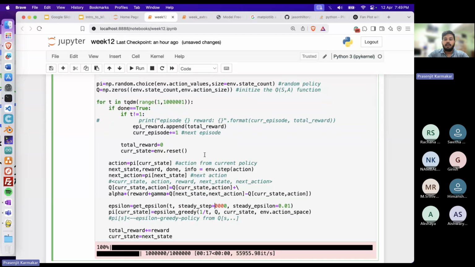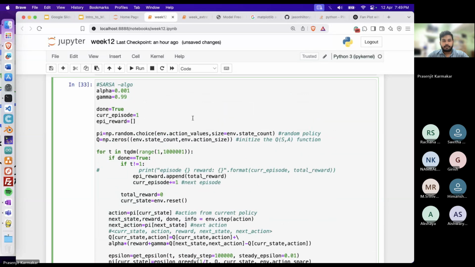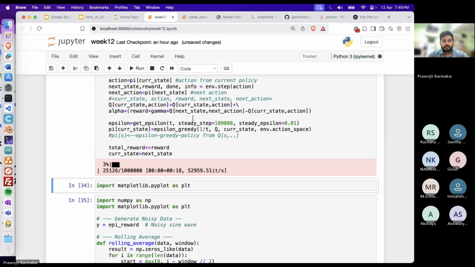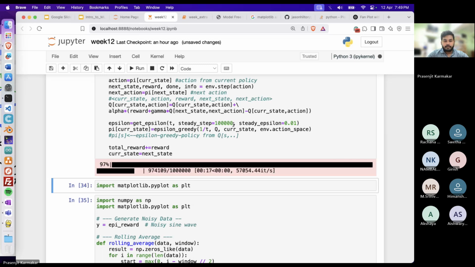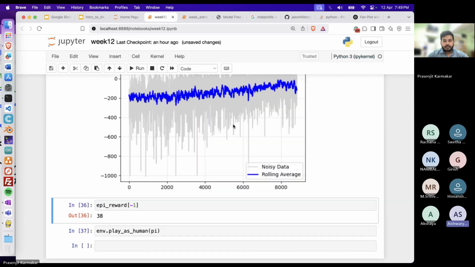Let's explore for 1 lakh steps. So out of 10 lakh, I'm exploring for 10% of the time of the entire gameplay. Is it improved?